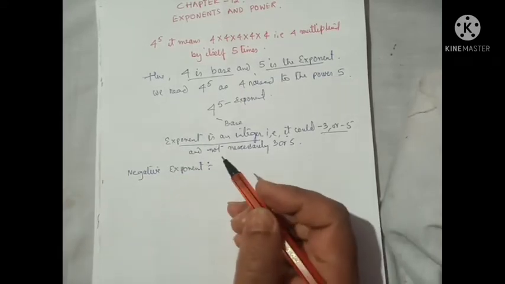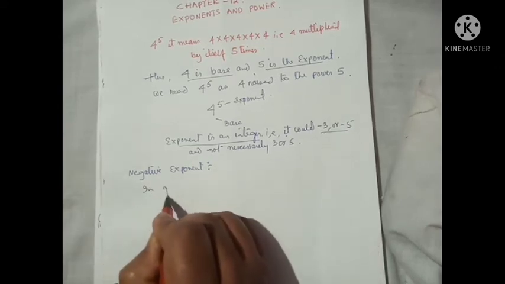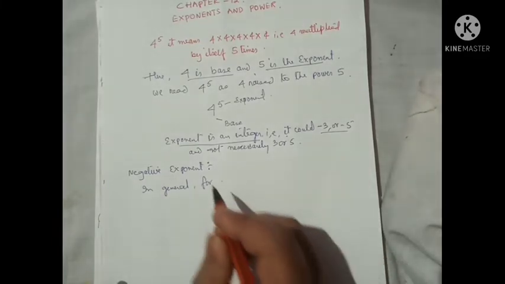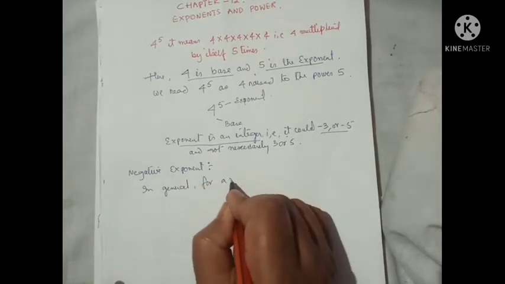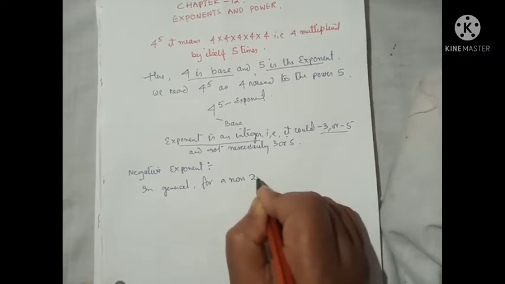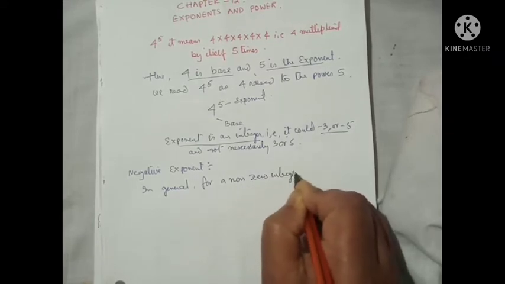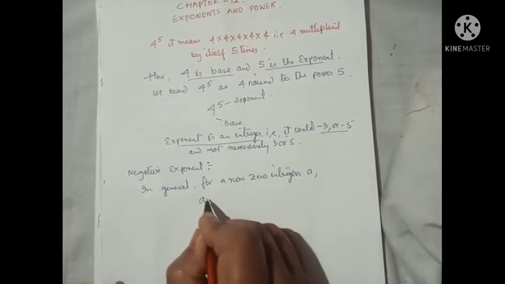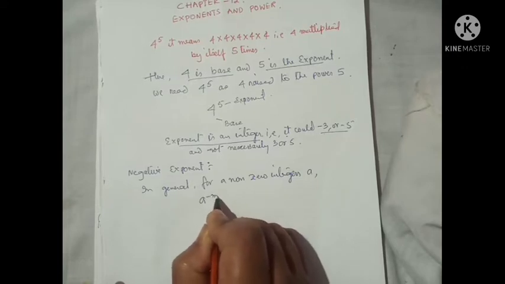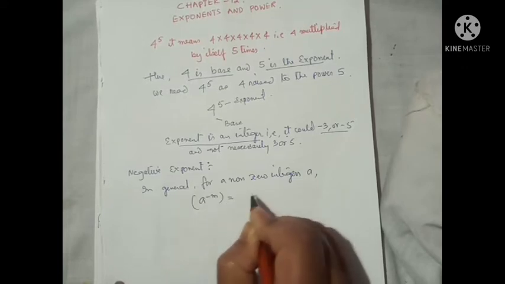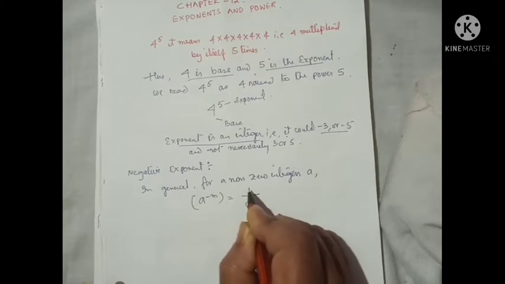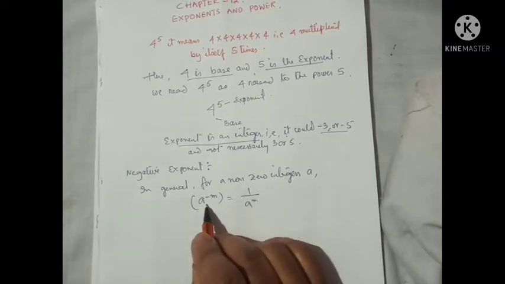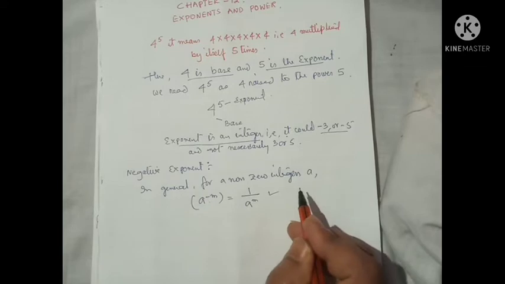In a negative exponent, in general, I'll write the rule. For a non-zero integer a, a to the power negative m is equal to 1 divided by a to the power m. When the power is negative, then you have to write it in this way.